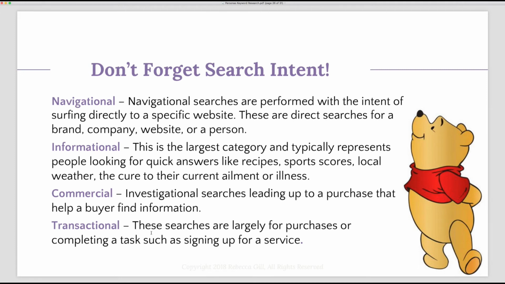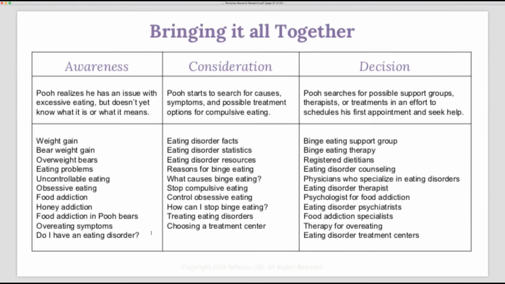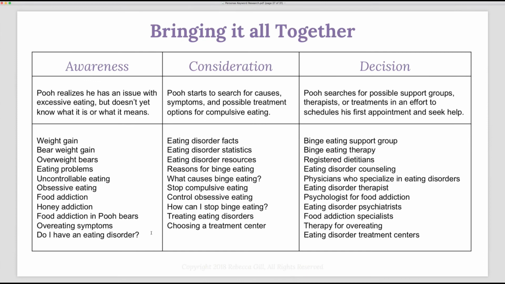But again, as we look at those different types of search intent, there are going to be words and phrases associated with those, and they don't all apply the same way to a specific topic. All right, so let's bring it all together. This is our customer journey, or in this case, our patient journey: awareness, consideration, and decision.